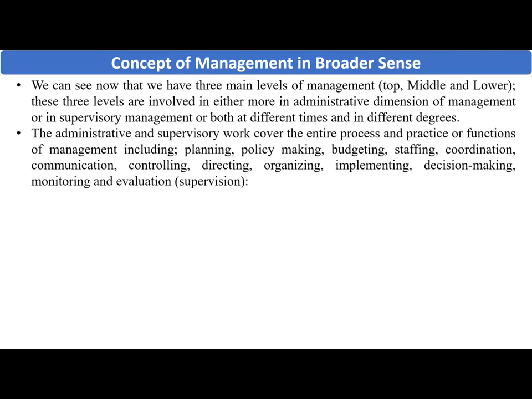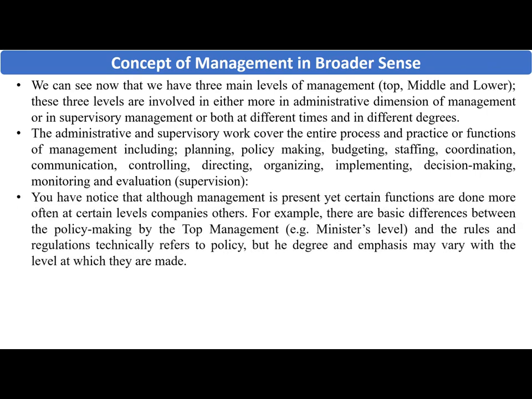So the administrative and supervisory work covers the entire process and functions of management, including planning, policy making, budgeting, staffing, coordination, communication, controlling, directing, organizing, implementing, decision making, monitoring, and evaluation or supervision. You have noticed that although management is present throughout, certain functions are done more often at certain levels than others.